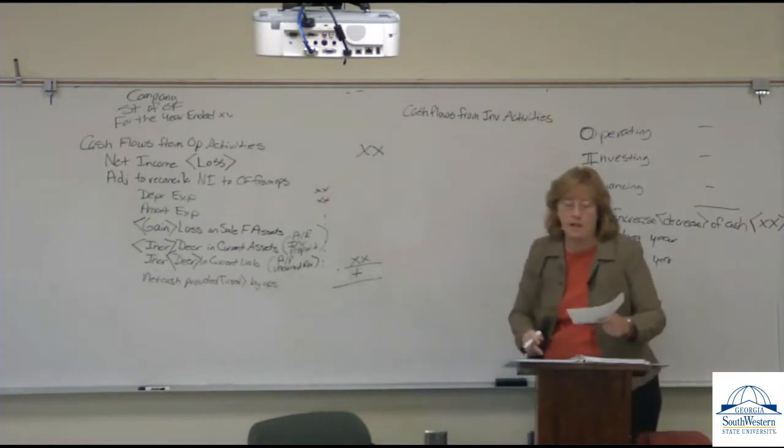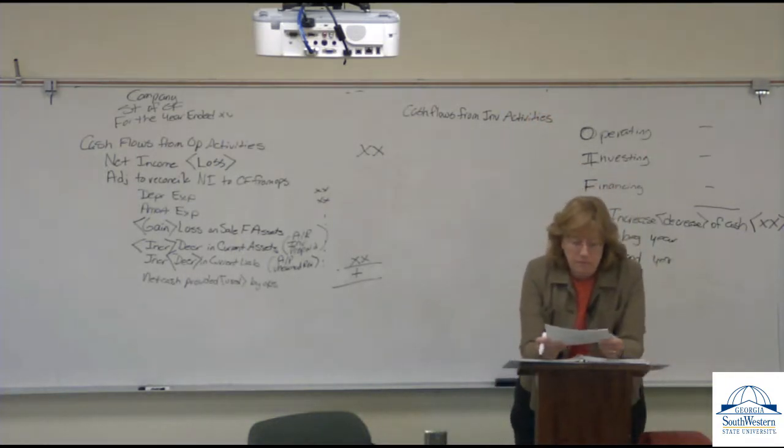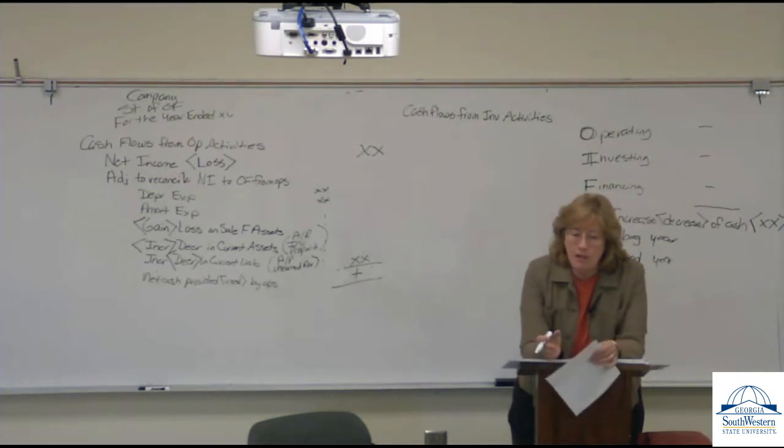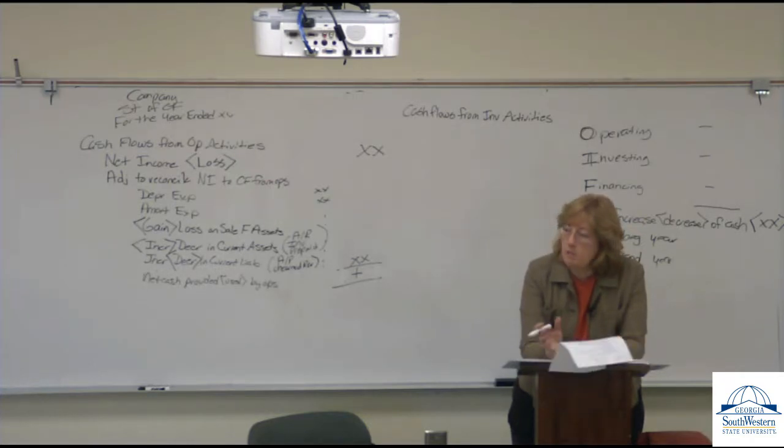Okay? So when we say investing activities, what we're thinking about is ways that the company has invested in something to grow the company or to improve the company in some way, okay?